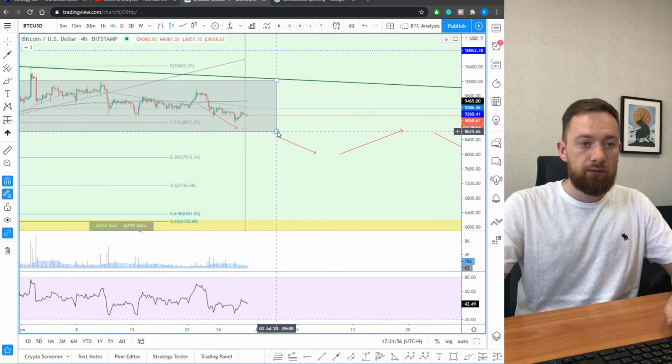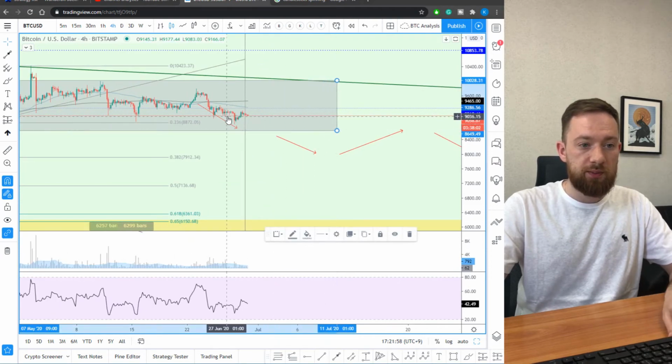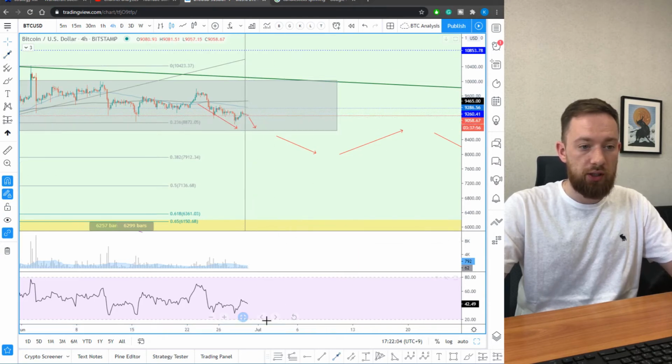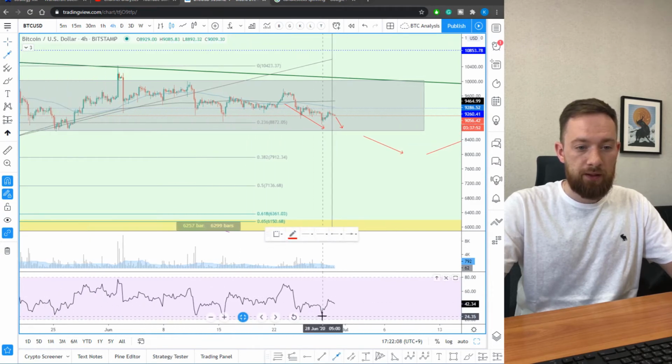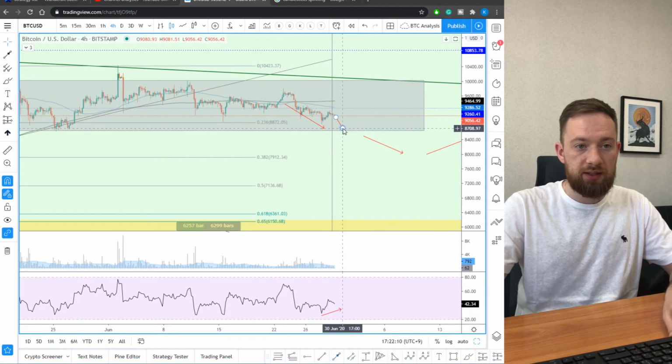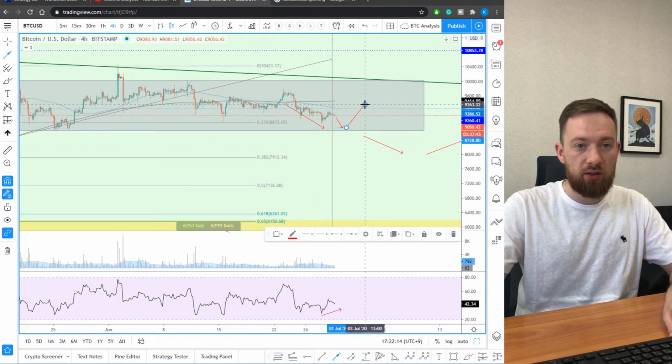However, during this week, what we expect is that if we're going to see another quick fall towards the bottom of the channel, with divergence on the RSI over here, then we should expect another increase in the price towards at least the middle of that channel.